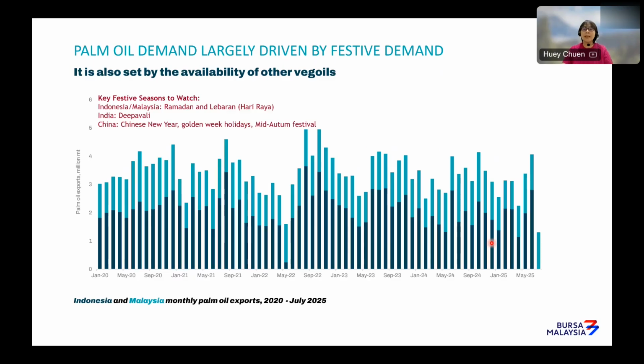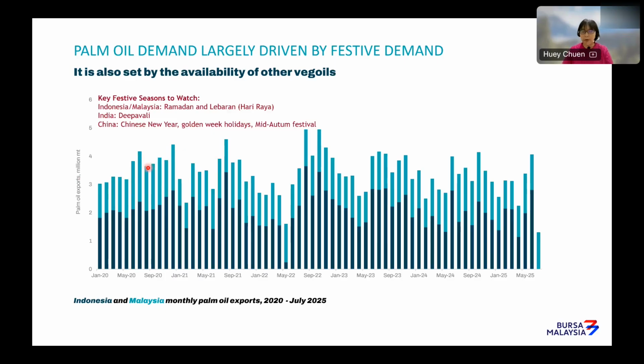On the demand side, interestingly, there is also a trend in demand. If you look at the demand, we usually have high demand during the months of May until October, or sometimes into November.